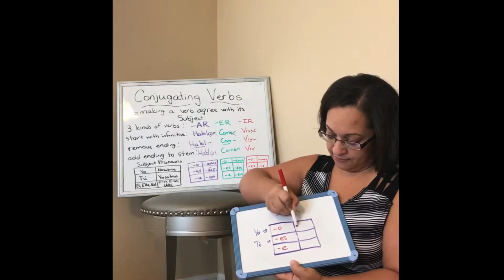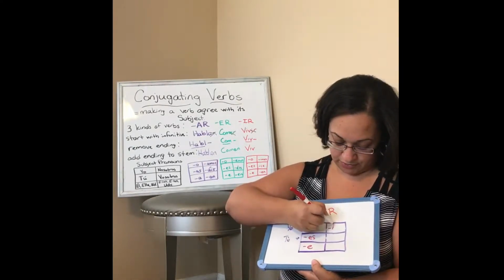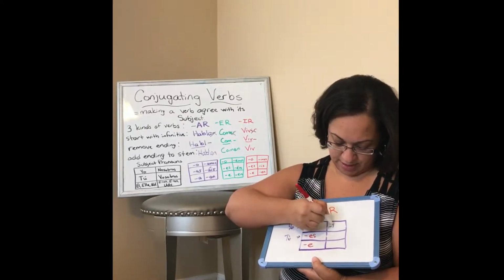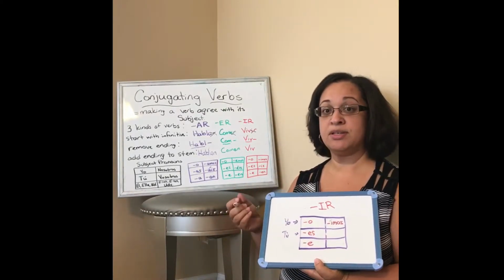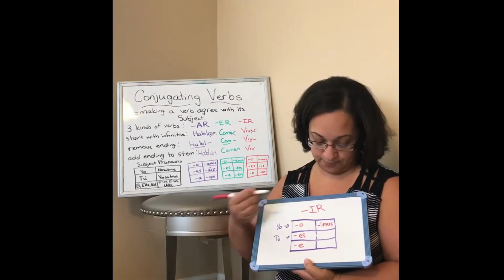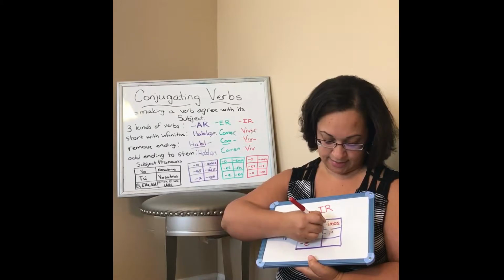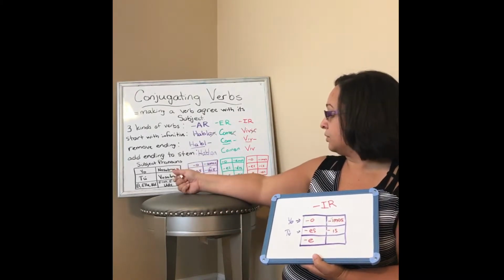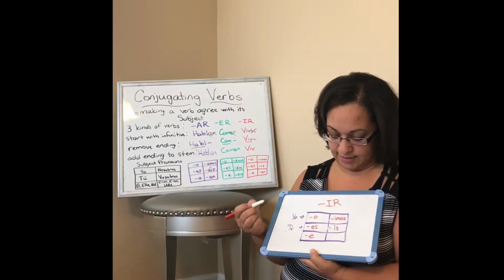Then here's where it starts to become a little different. Imos. Let's erase that. I-M-O-S, imos, is for nosotros, which is the we. Then we have ís for our vosotros form. That has an accent.